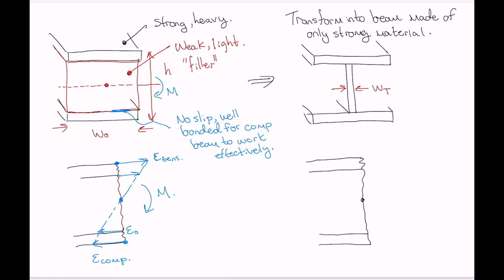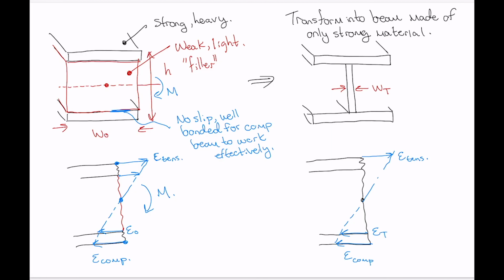So in other words, we need to have the cross-section changed so that this tensile strain remains the same value, this compressive strain remains the same value, and there's the transition between, so that the strain that would have been experienced by the filler material is the same when the beam is transformed.